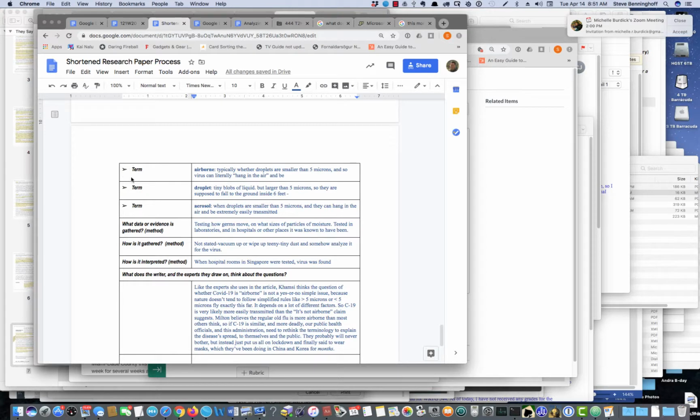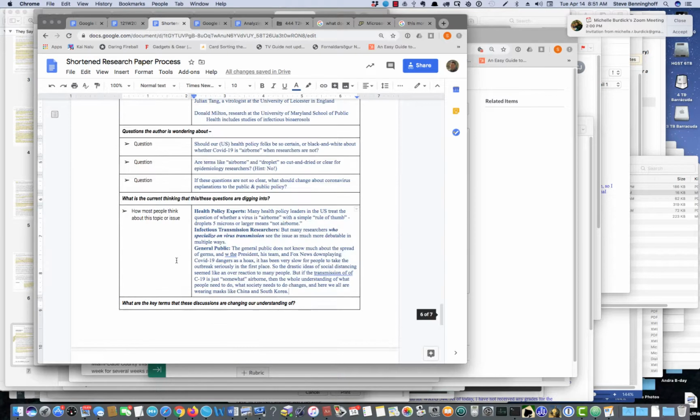And this idea of how transmissible it is and how it's transmitted, it would have been better to have understood this more beforehand.